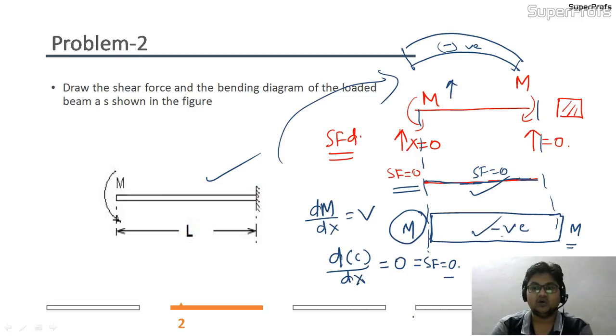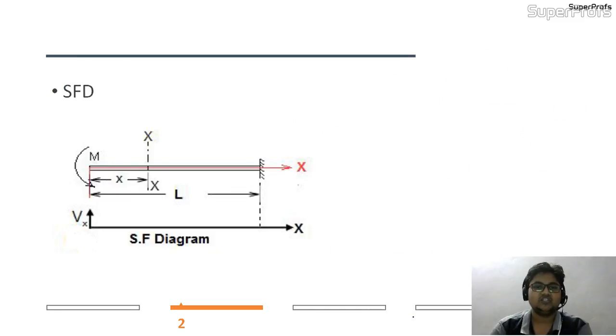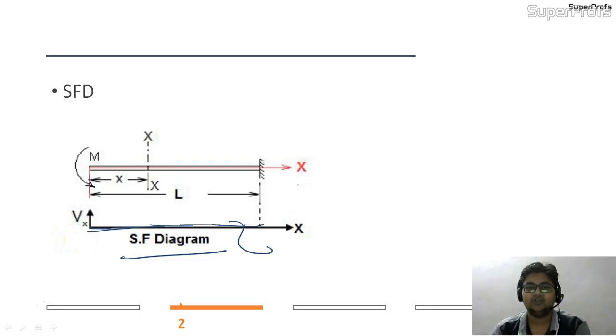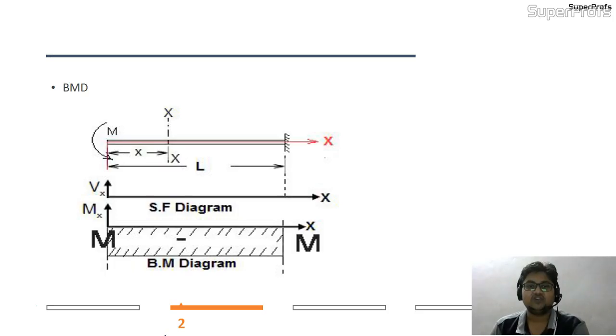So this whole solution I will be showing you again. This is the shear force diagram. As you can see, this has a zero magnitude all around. So shear force is always zero for a cantilever beam which has a concentrated moment at the free end. Again, as I just told you a few moments ago, we will be drawing one after another.